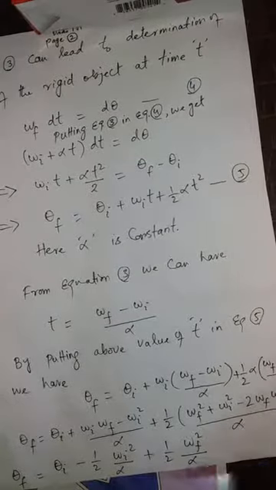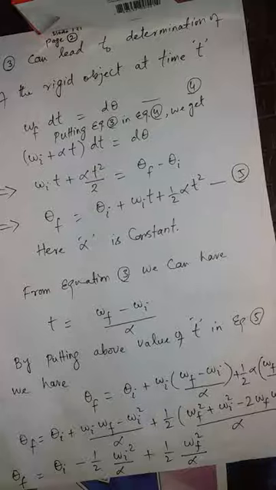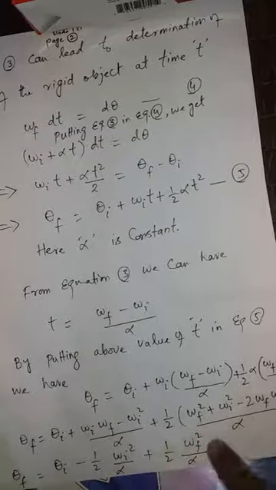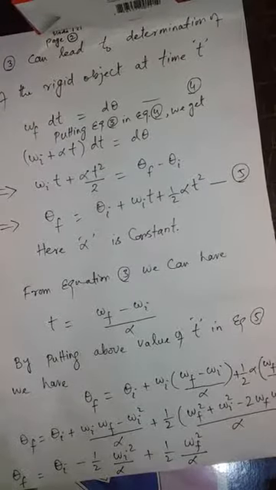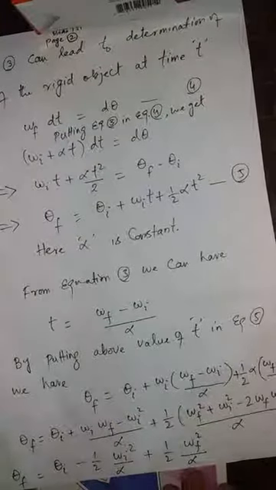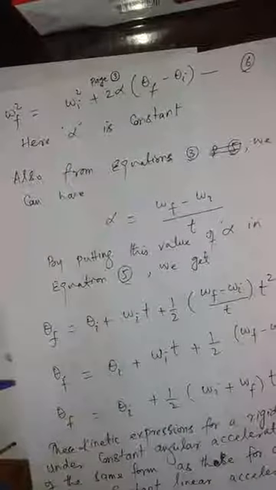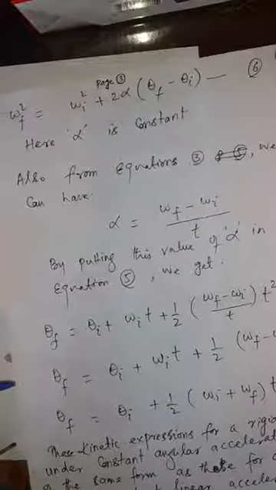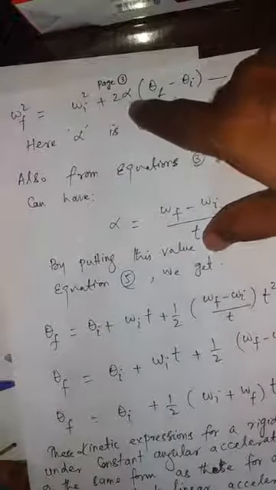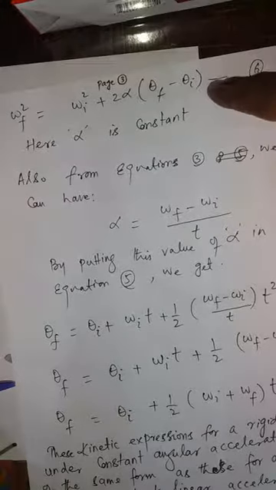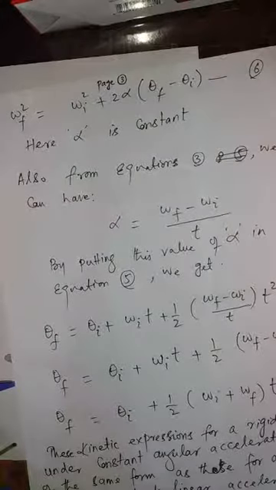Its simplification will give theta f is equal to theta i minus half omega i square over alpha plus half omega f square over alpha. Its further simplification will give omega f square equal to omega i square plus 2 alpha into theta f minus theta i.